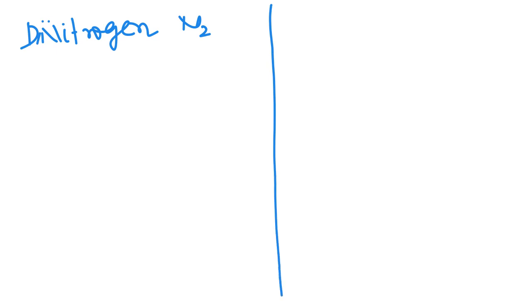Now we will study the compounds of nitrogen. Nitrogen compounds. So first is dinitrogen, that is N2. So we will see first the preparation.